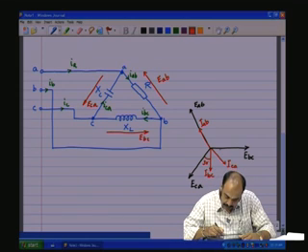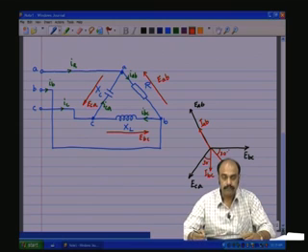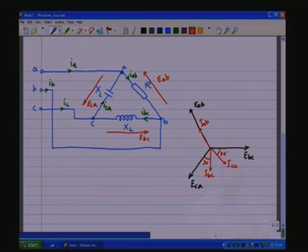So, if it is 90 degrees to that, it will be 30 degrees from here. So, if I extend the EAB line down, you will have a 30 and a 30 here. Okay. So, this is how the phase currents and the line voltages would look like, the phasor diagram of such an unbalanced system.